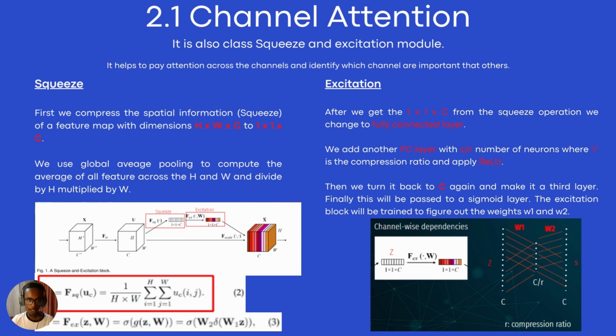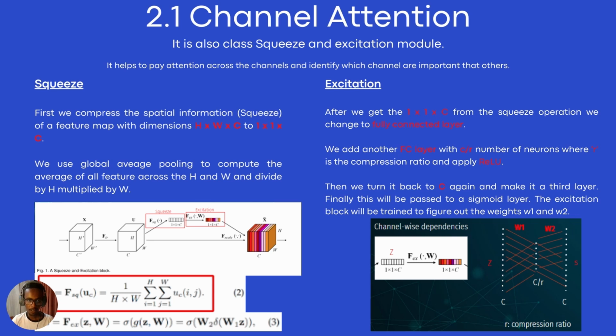So the squeeze operation is basically reducing the representations from the height and width so that we only have information across the channel. And the excitation part has a bunch of neurons that we can train, because since we have fully connected layers, we're going to have weights that connect neurons from different layers.